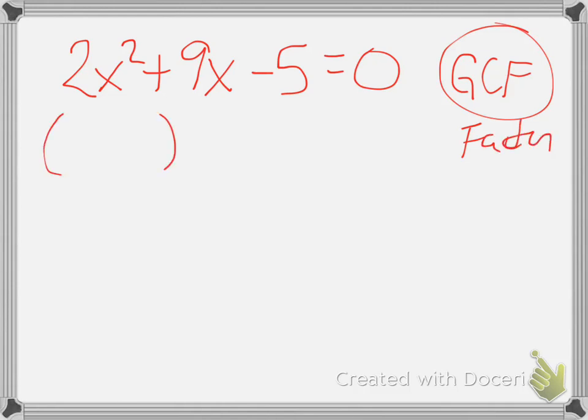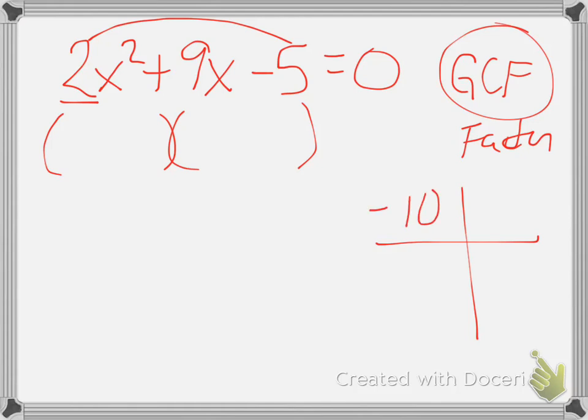Okay, so I know it's going to multiply to negative 10. And actually you don't need this one because we never did it, we never factored with a coefficient greater than 1.